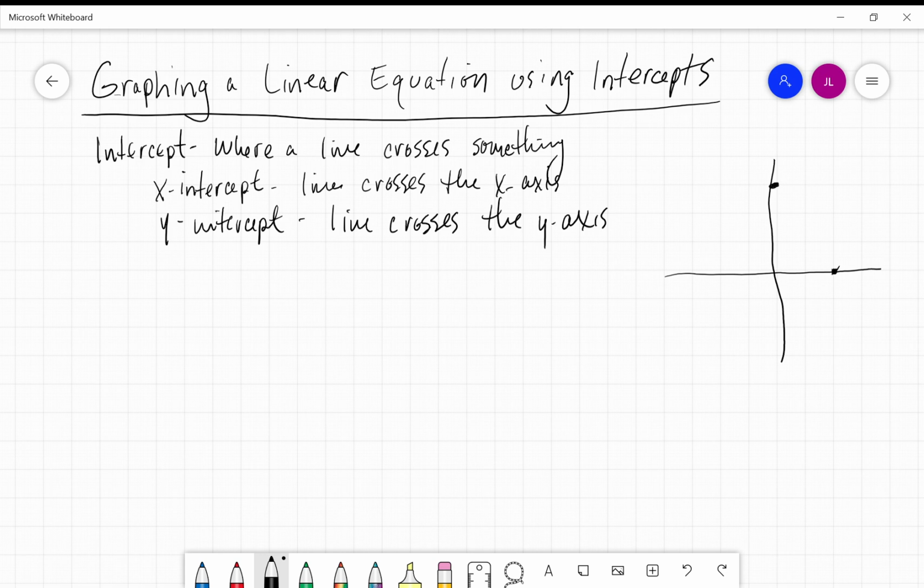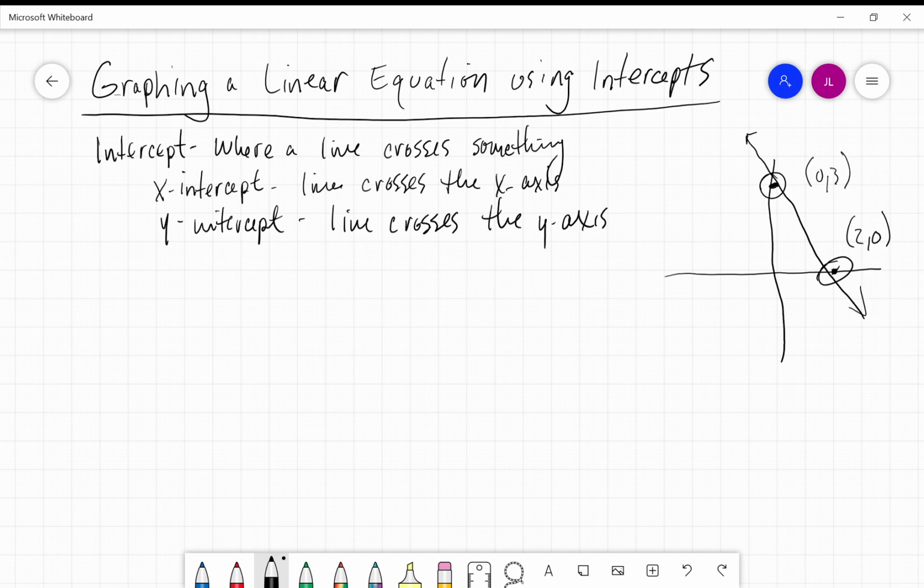This is where the line crosses the y-axis, and this is where the line crosses the x-axis. Now we can look at what the ordered pair is for each of these. If we look here, we're 2 on the x and 0 on the y, so this is (2, 0). And up here, 1, 2, 3 on the y and 0 on the x, so (0, 3).